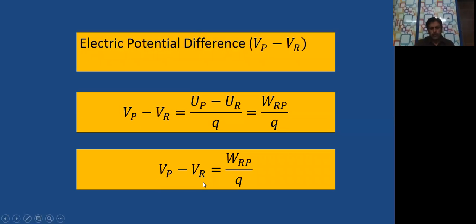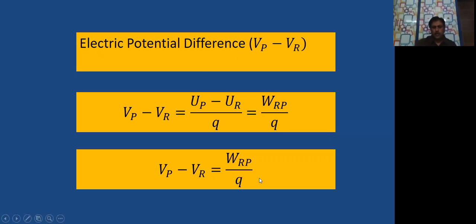So Vp minus Vr is equal to WRP by Q. So potential difference is the work done per unit charge in moving from R to P. By charge means per unit charge, no. Yes or not? So I hope you followed.